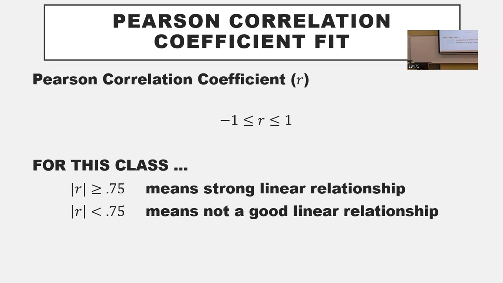Any R value that's bigger than or equal to 0.75 in absolute value, we're going to say is a good relationship. You have to draw the line somewhere between good and bad. For this class, we'll use 0.75 as the cutoff value between a good and a bad relationship. Strong relationship means that the line will fit my data well. Bad relationship means that my line does not fit my data well.